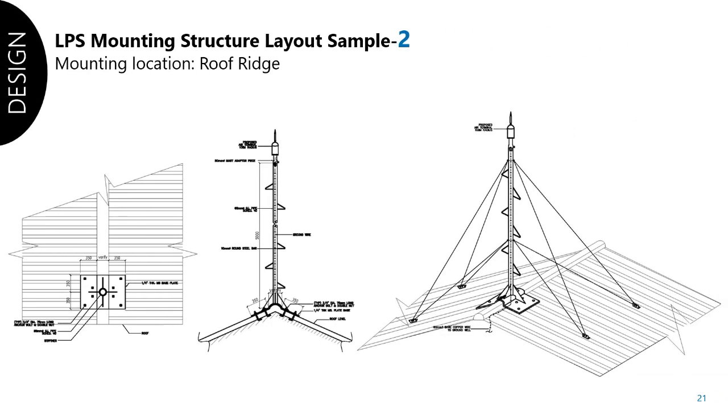Now, the second sample is installed at the roof ridge. For a roof ridge, you need to have the size of this if it is already existing. Usually, in practice and in my experience, the lightning protection system is not prioritized by the owner. They install the lightning protection system afterward. That's my basic experience with it.